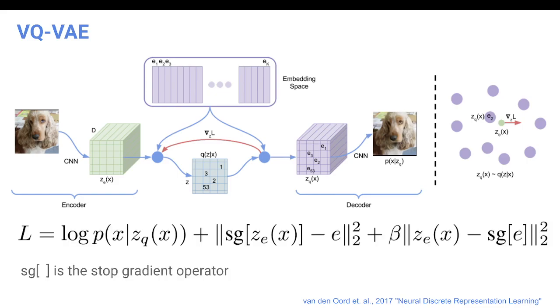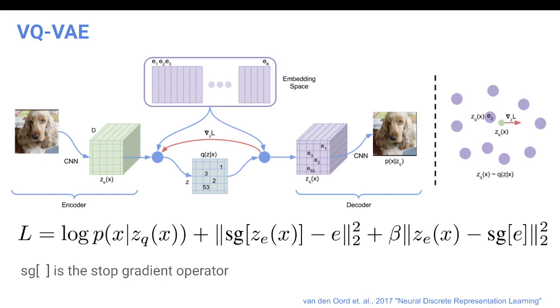The loss function contains three terms. One is the reconstruction term: you need to be able to reconstruct the input through this latent representation, embedded in the embedding table. Because the straight-through estimator is used, you don't have gradient for the embedding table, so you use vector quantization to train it, and this is the second term.